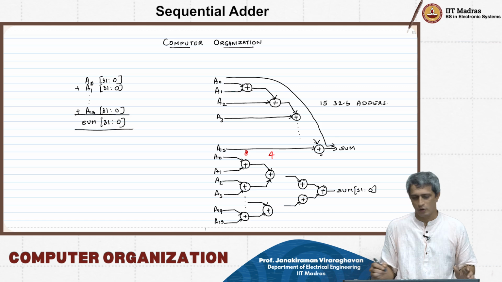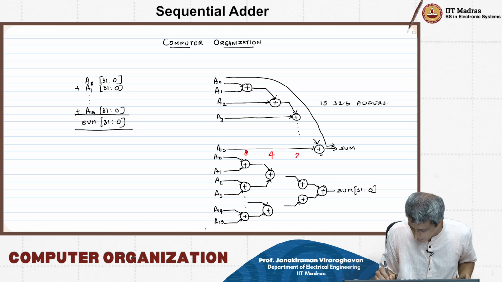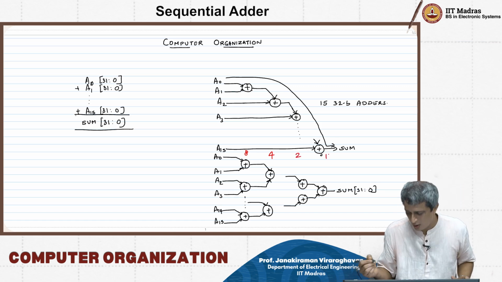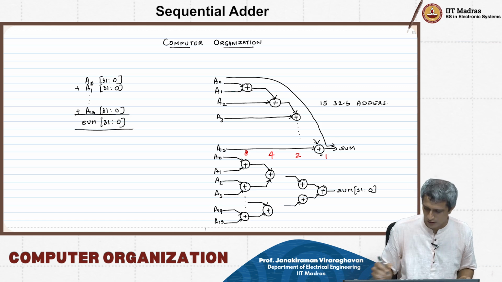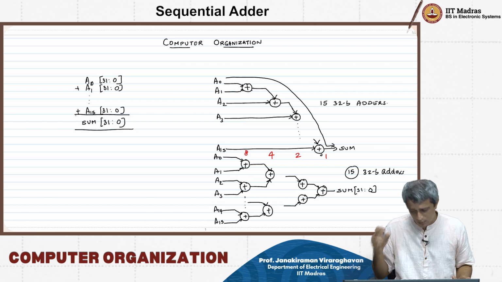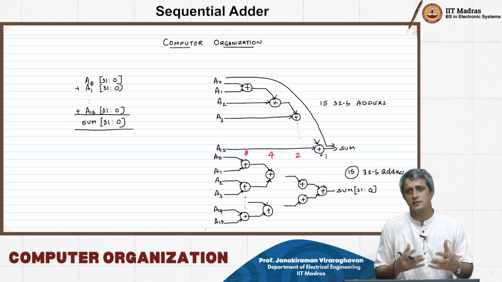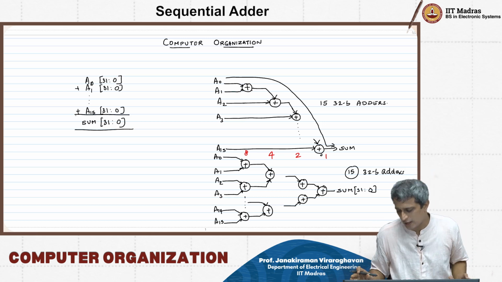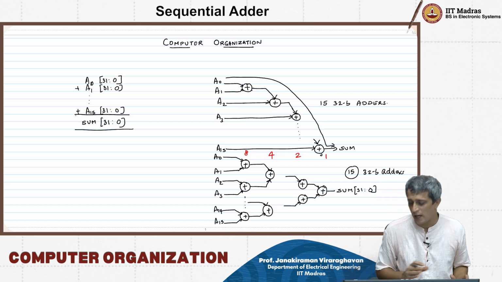The only difference, if you look at the number of adders here, it is 8 plus 4 plus 2 plus 1. This is also 15 adders, 15 32-bit adders. But the only thing is that the addition happens much faster and it is not going to take as long.